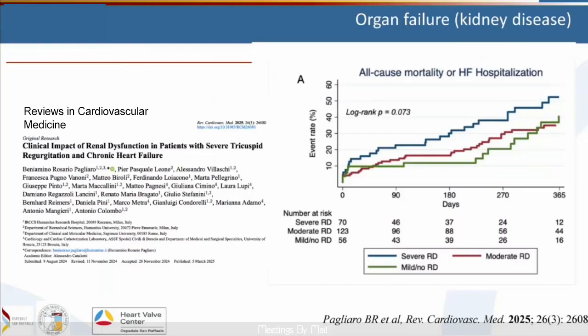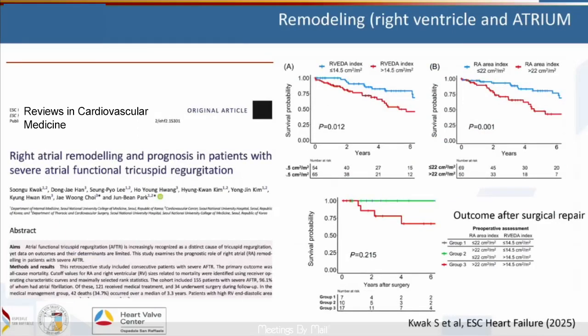Organ failure, kidney, obviously: patients with renal failure have much worse survival. Another example, remodeling: RV, RA dimension, both in combination or even in isolation, even only the RA, maybe the RA better than the RV, they predict the outcome. The larger, the worse.